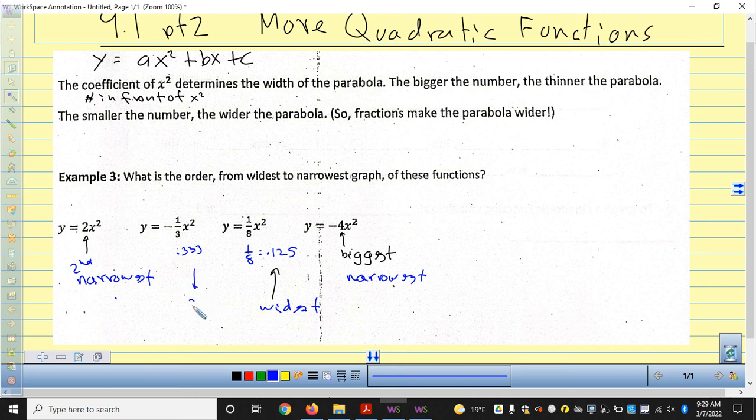And this is going to be second widest. So if we put these in order from wide to narrow, this would be number 1. That's the widest. This would be number 2. That's the second widest. Then we get number 3, and that would be number 4. From widest to narrowest.